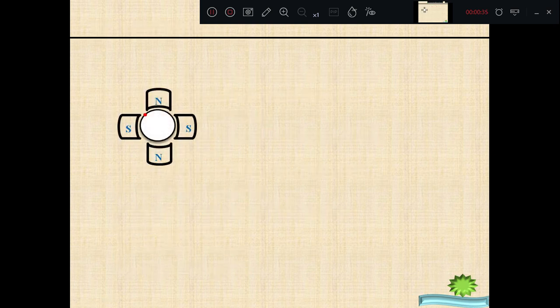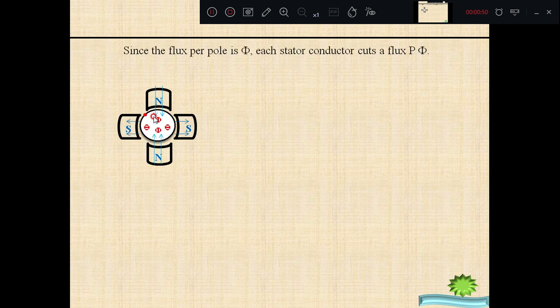For a 4-pole machine, I am considering a single conductor for a single revolution. The flux cut by a single conductor in one revolution is 4 into φ. Generalizing, the total flux cut by a single conductor in one revolution is P into φ.